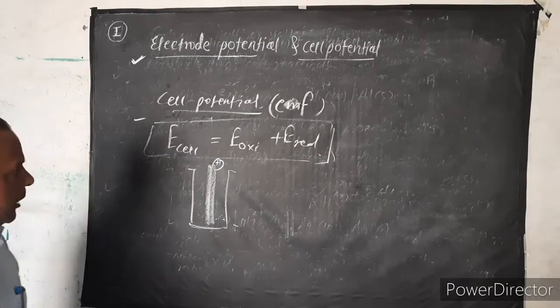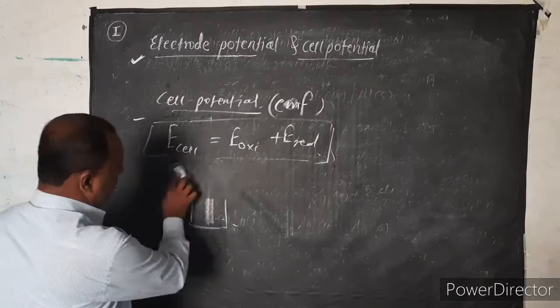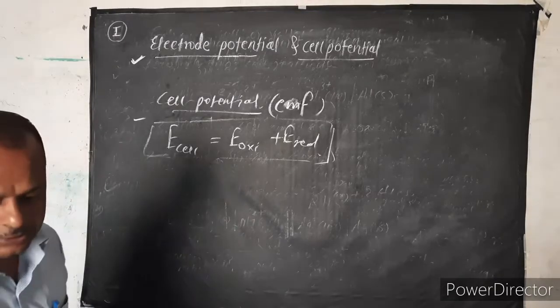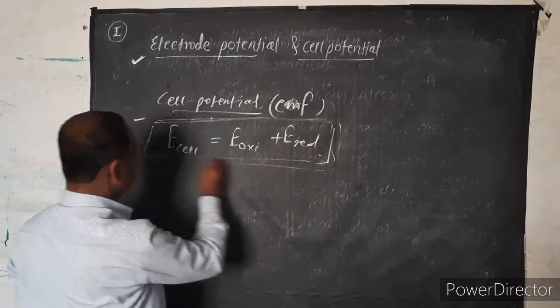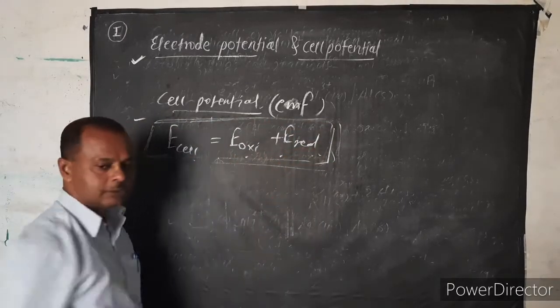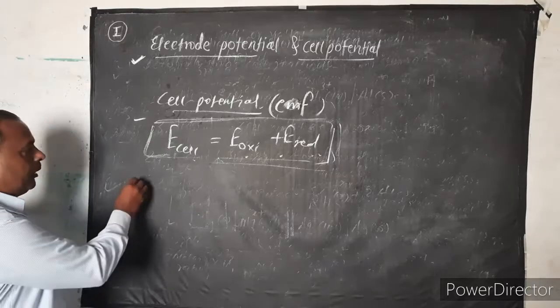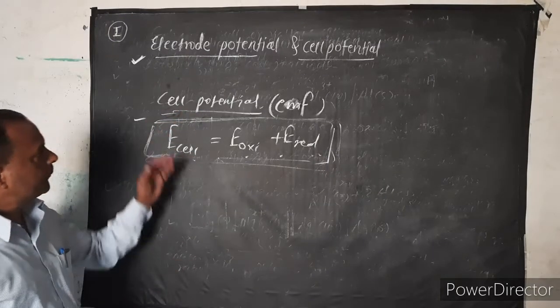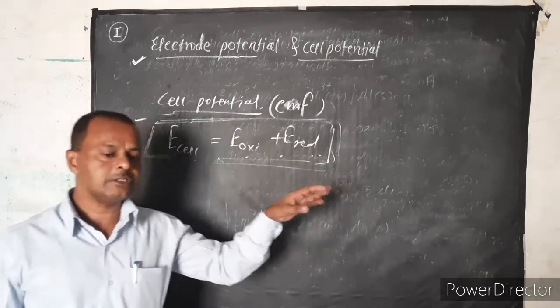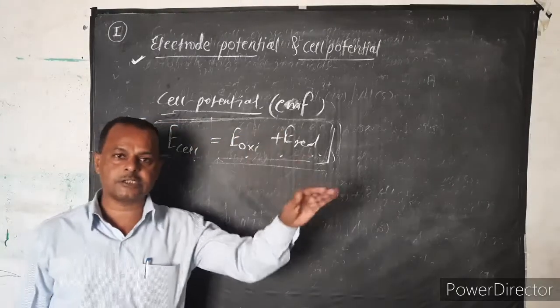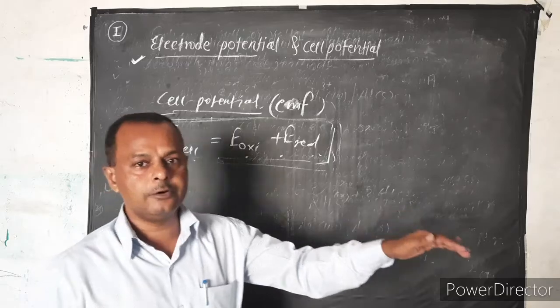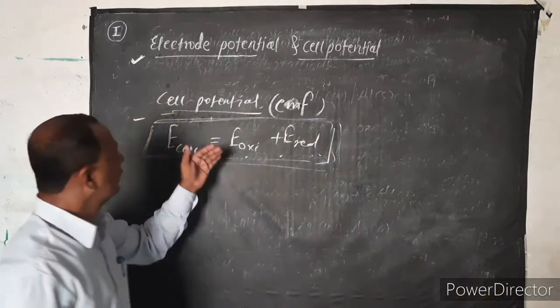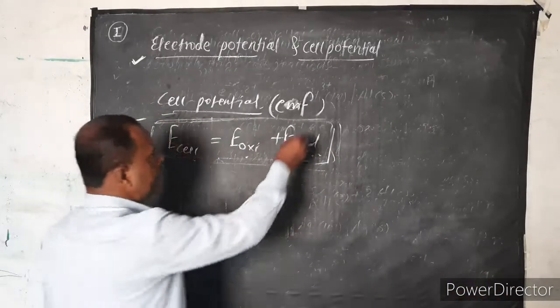Now what is cell potential? Cell potential is the algebraic sum of these two electrode potentials. So we can write E cell equals E oxidation plus E reduction. How do you define it? It is the potential difference between the electrodes corresponding to the external flow of electrons from anode to cathode, and it is also called EMF.